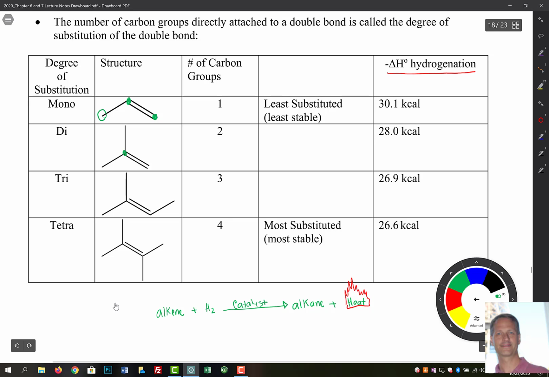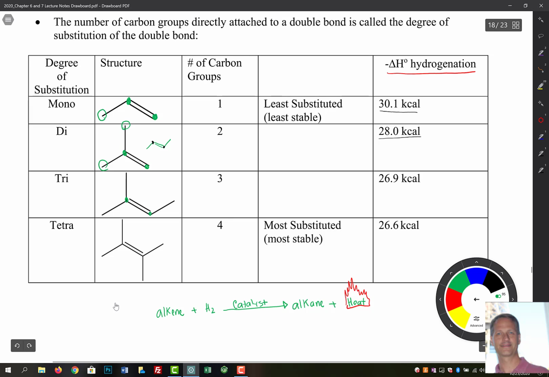If we come over here and look at disubstituted, right, here's a carbon-carbon double bond with 2 R groups off of it. Right? We could have done that a couple of different ways here too, right? So we could have done it like this also. That would be disubstituted. Right? That has a delta H that's a little bit lower than that of a mono, 28. Trisubstituted, you can see the pattern down here.